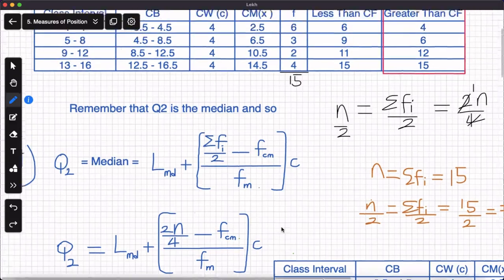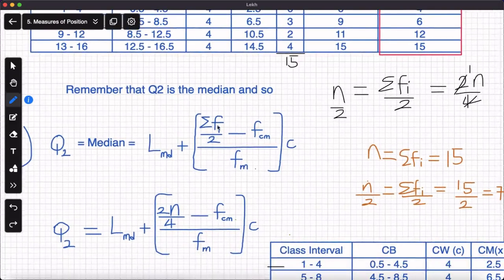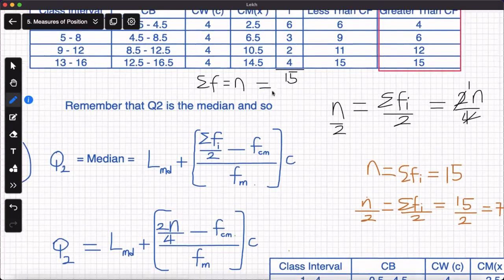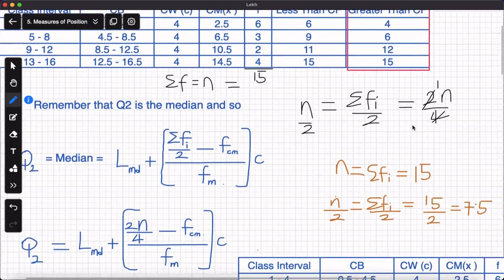So what are we doing here? N, summation F, is the same thing as N, and in this case it is going to be 15. So since we know that, N divided by 2 is the same thing as summation F I divided by 2. And how is that? Look at this.